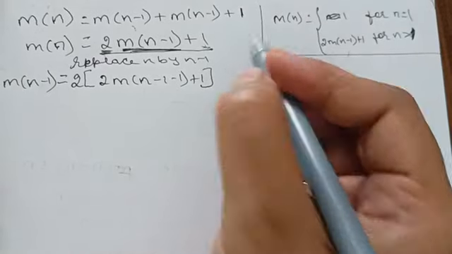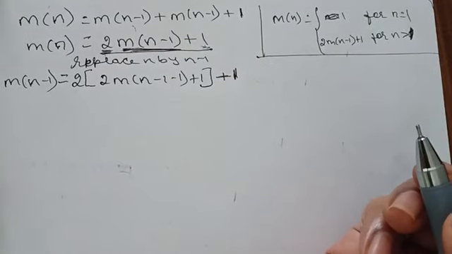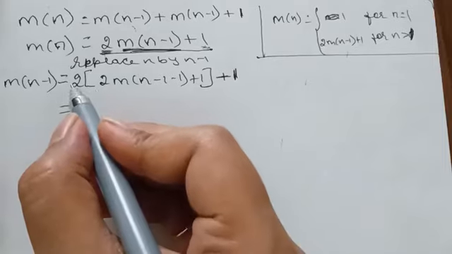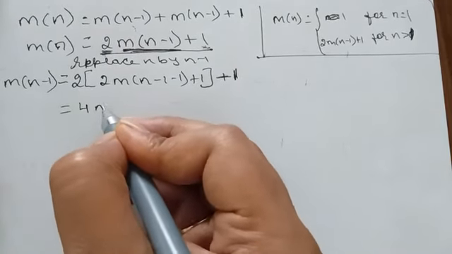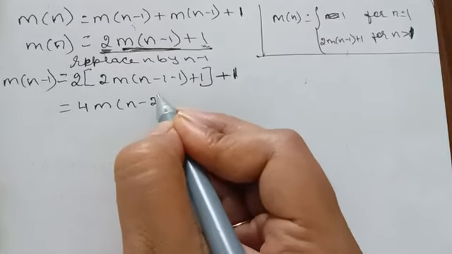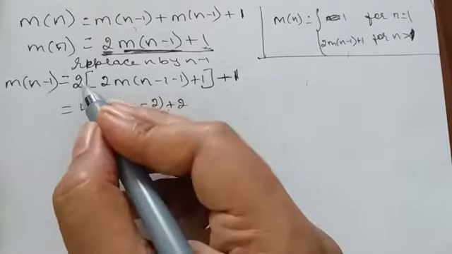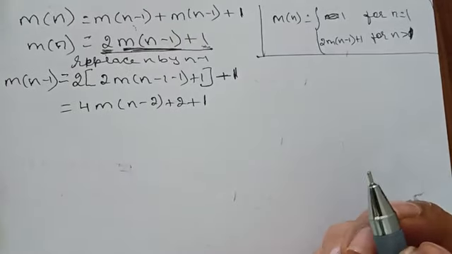Next, the third part is the constant, plus 1. Again, I'll keep this plus 1 as it is. So this one, how can I write? 2 into 2, that is 4m of n minus 2 plus 2 into 1, 2, plus this constant 1, I'll keep as it is.